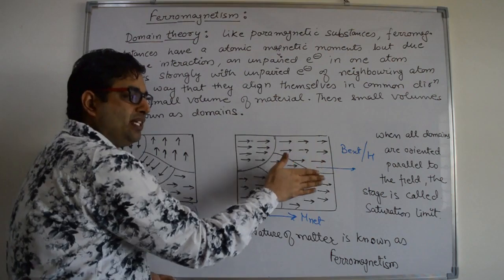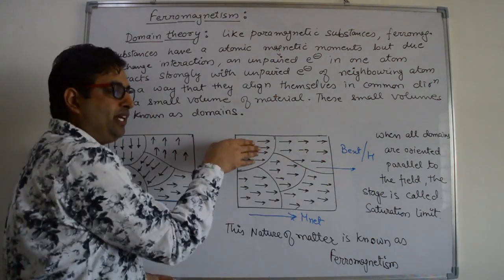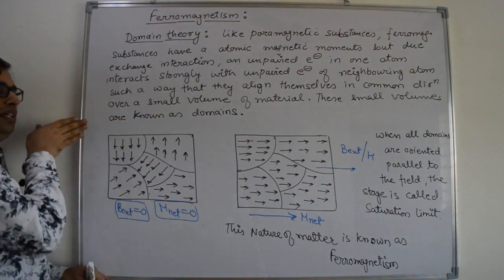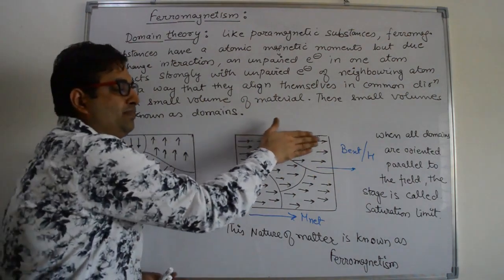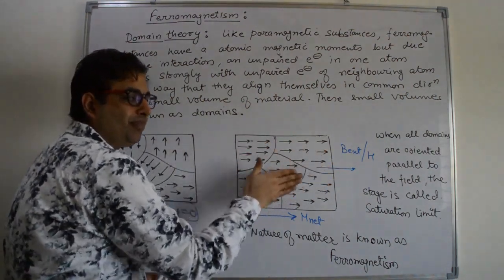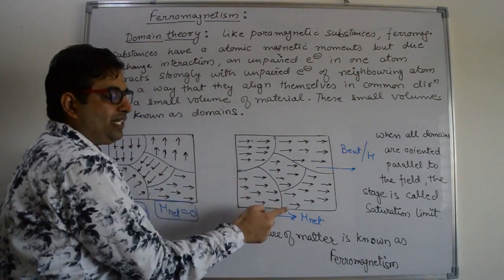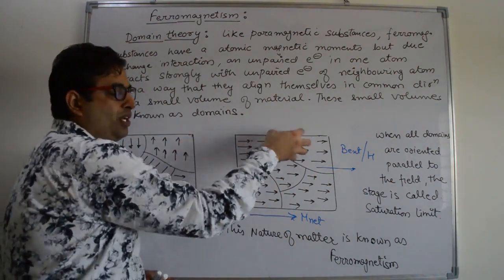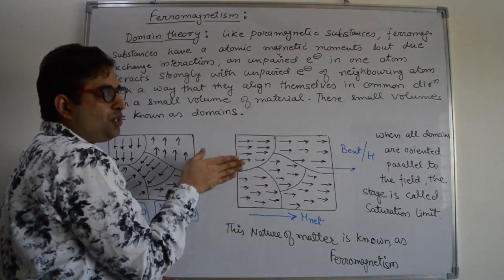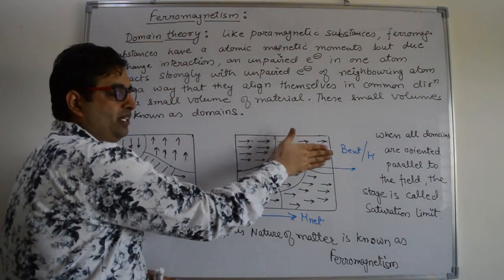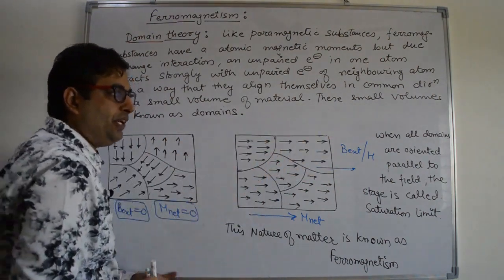So when we apply this magnetic field on this ferromagnetic material, then all the domains will align themselves in the same direction, right? And we will get a strong magnetic moment because these are in groups. So we will get a strong magnetic moment in the direction of magnetic field.